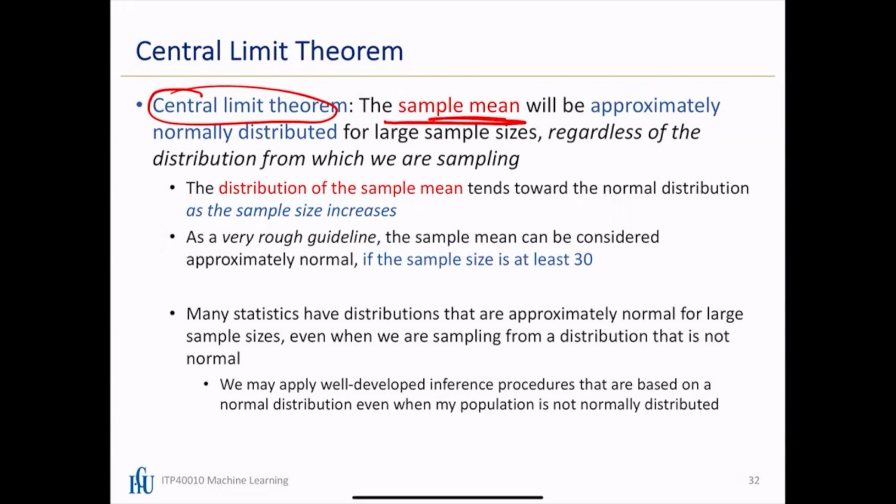So if you collect a set of data and take the mean, another set of data, take the mean, another set of data, take the mean, you are going to have a distribution of those mean values, and that distribution always approximately converges to a normal distribution. That is what the central limit theorem is saying. Easily put, the distribution of the sample mean tends towards the normal distribution as the sample size increases.